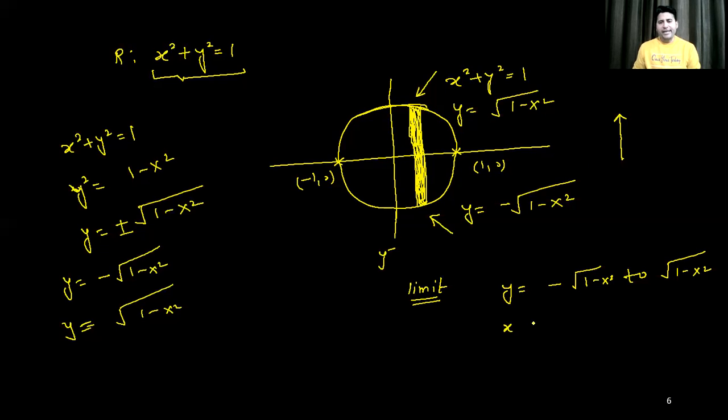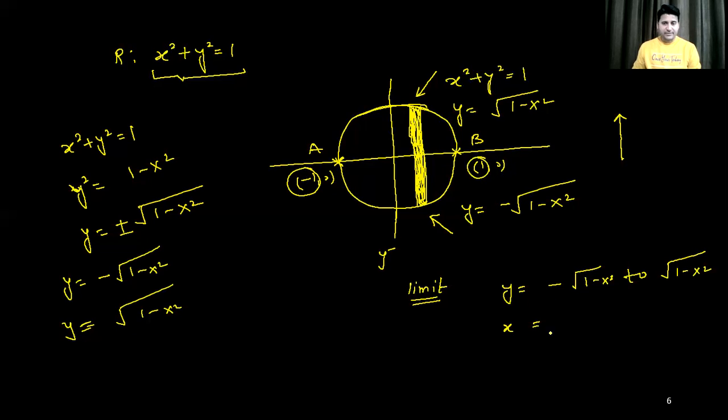Now the limit of x. In the region, you can see the variation of x is from a to b. What is the value of x at point a? Minus 1. What is the value of x at point b?